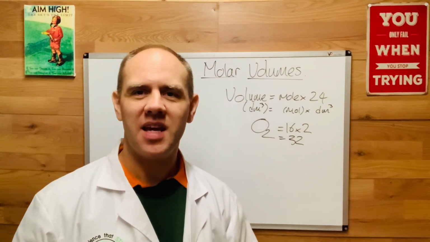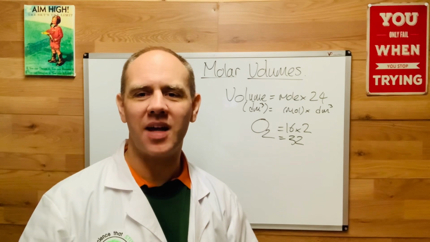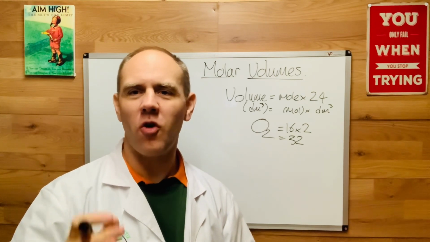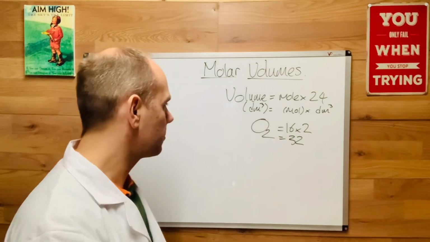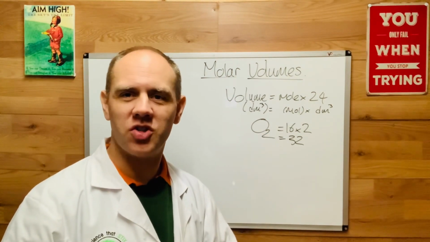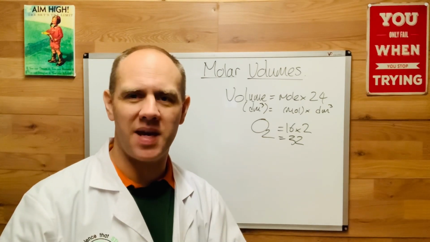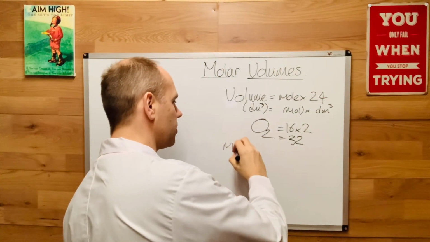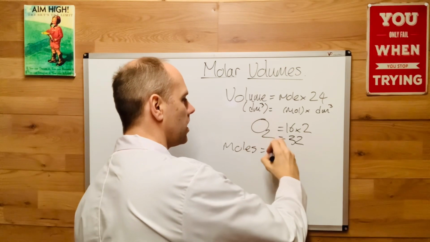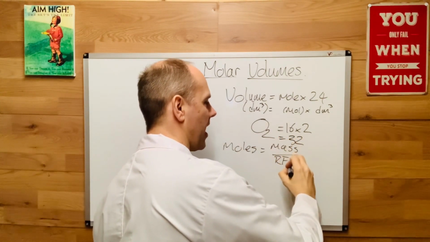Now let's see what volume would be present if we had 64 grams of oxygen. Well, to find the volume of 64 grams of oxygen, you need another equation, one which has been done quite a bit, and that is moles equals the mass divided by the RFM.